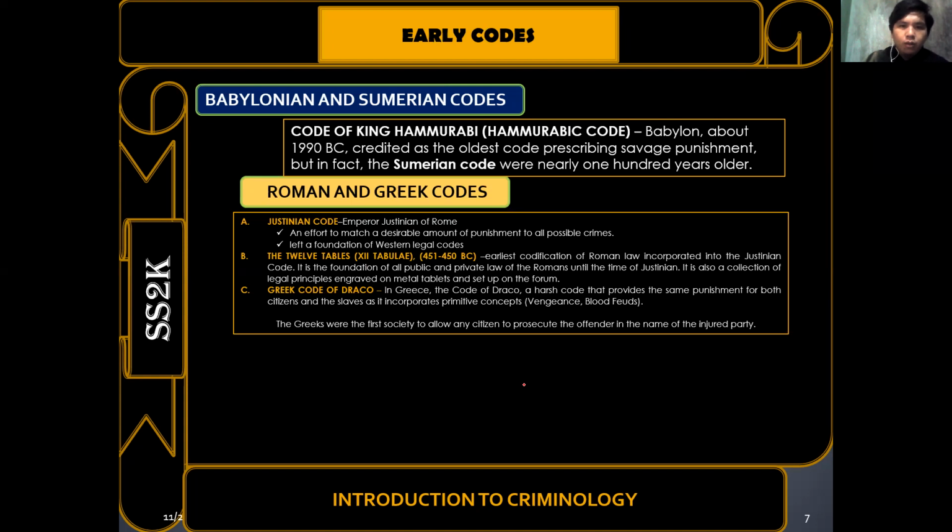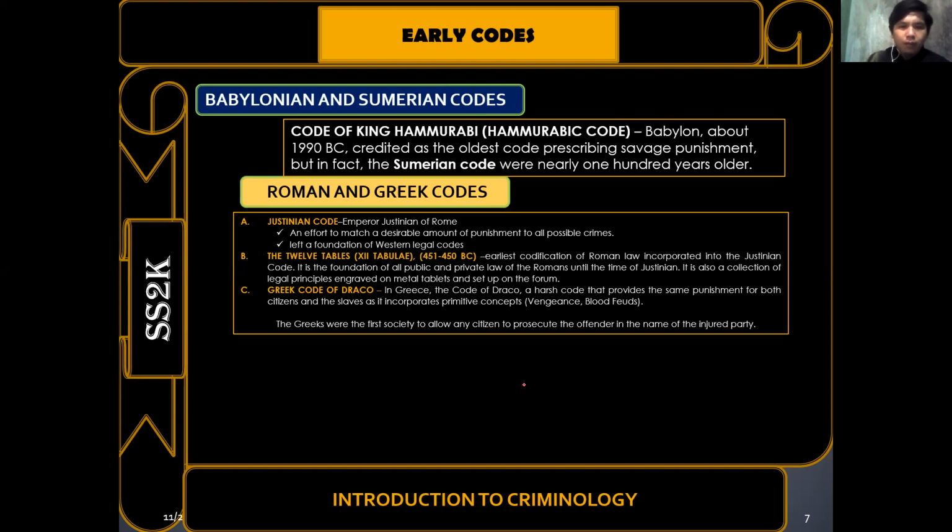It is a foundation of all public and private law of the Romans until the time of Justinian. It is a collection of legal principles engraved on metal tablets and set up in the forum. So the laws were combined and placed on metal tablets.